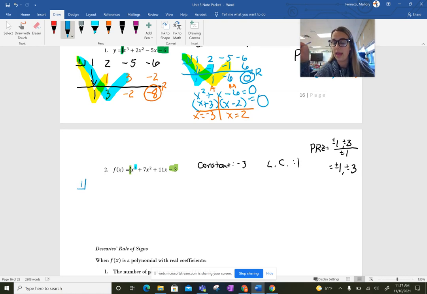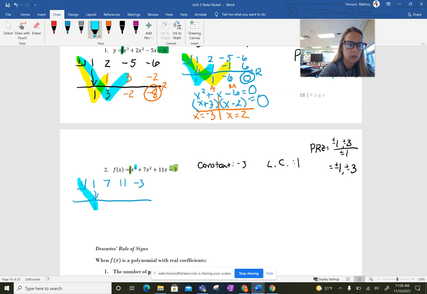And we do have decreasing order, so cubed, squared, linear, and constant. So I can just write those coefficients right here. 1, 7, 11, -3. Drop that low. And then do the backwards check, which is just multiplying.